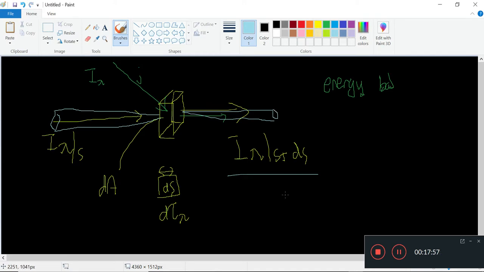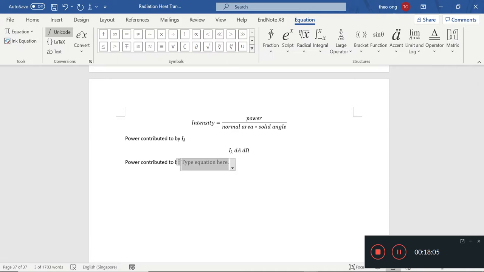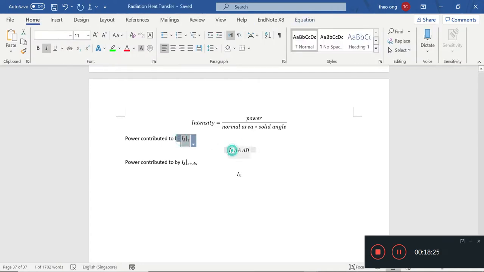So the power contributed by I lambda at S plus ds is I lambda at S plus ds times dA times d omega.